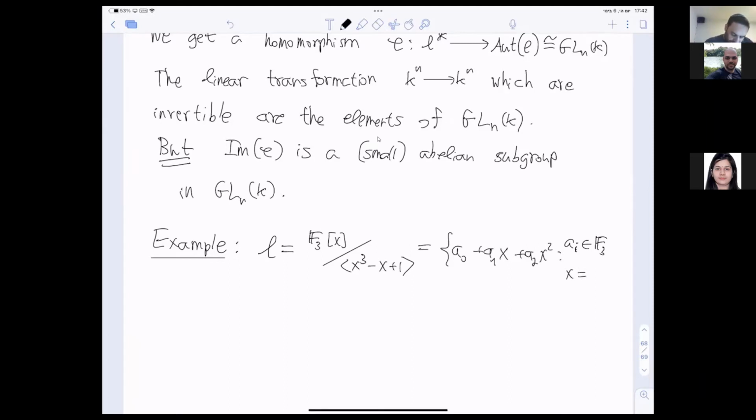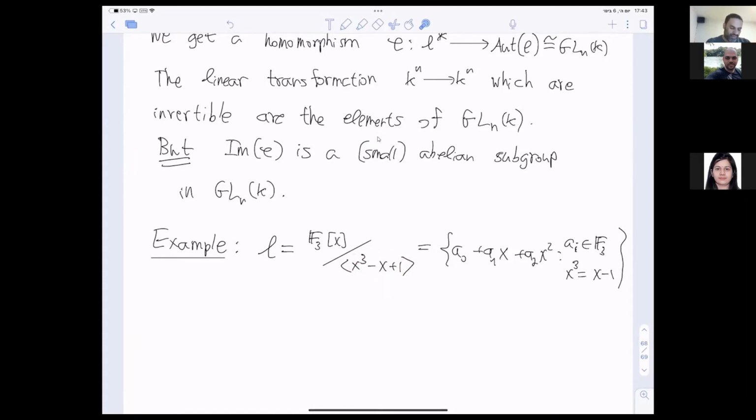Why didn't I write it here, x cubed? Because x cubed is actually x minus 1. Because this is 0. You have to understand what is this description. These are shifts of this ideal, shifts of this subgroup.